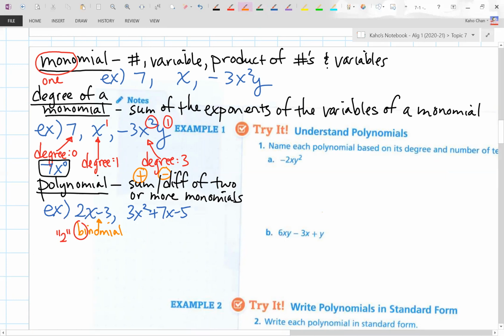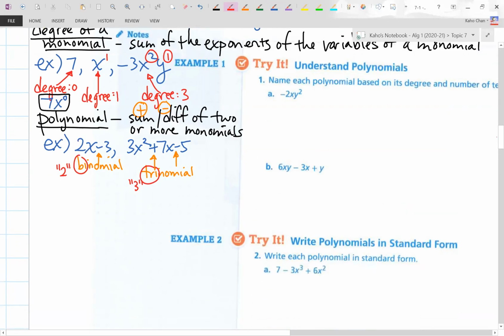Here we have a bunch of terms separated by pluses and minuses. This is a trinomial. Tri means 3 terms.